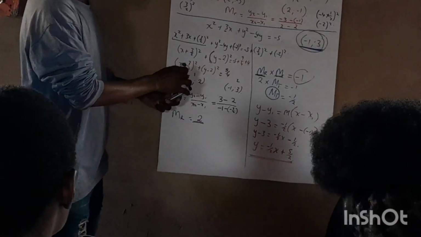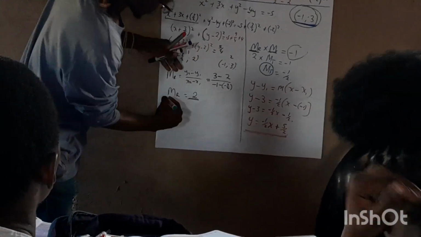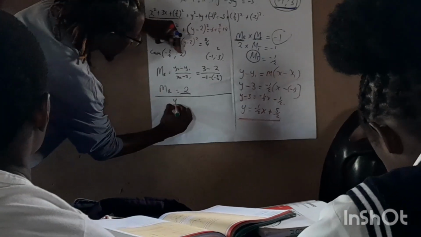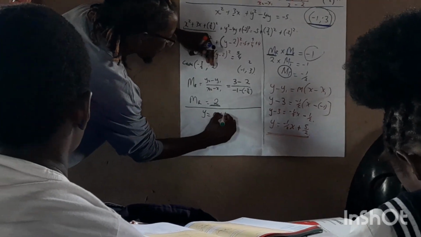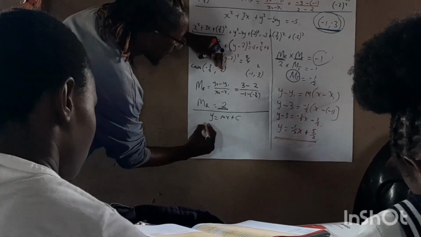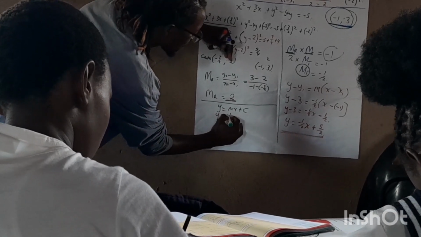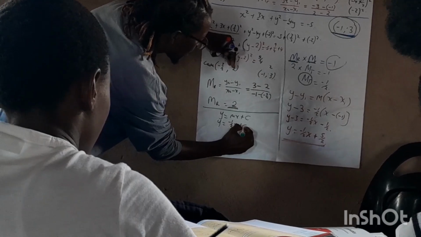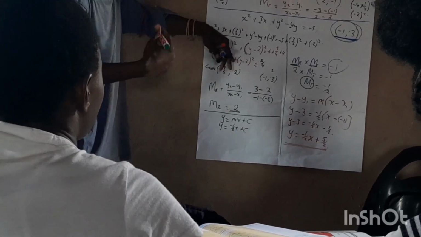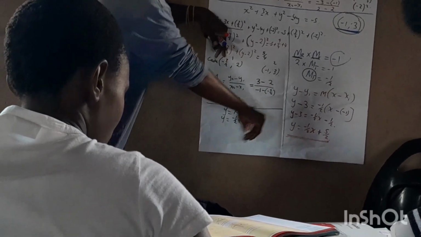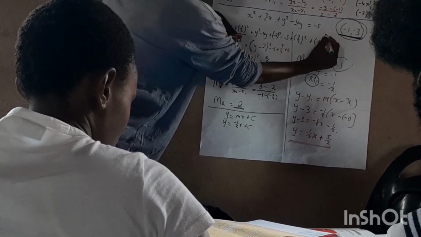So we can also say y is equal to mx plus c, right? So y is equal to, what is our gradient? Negative half x plus c. Now we can substitute the points that we have to solve for c. Which points are we having? These are the points, right?